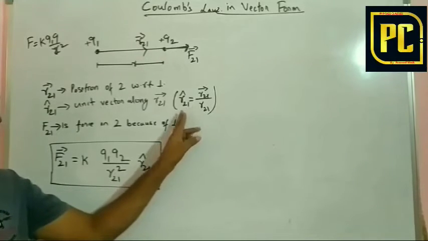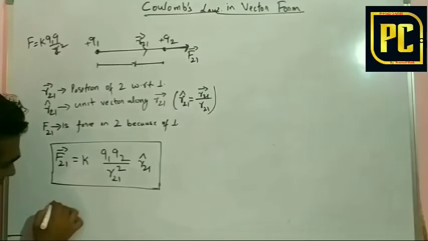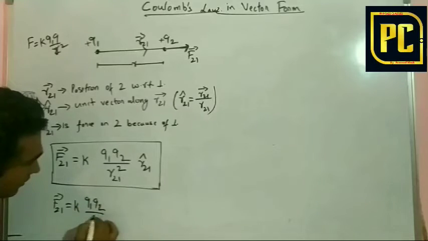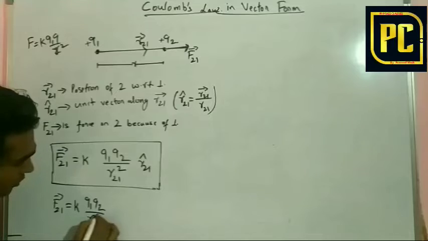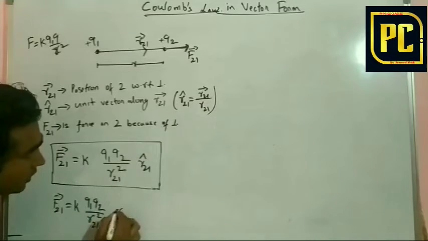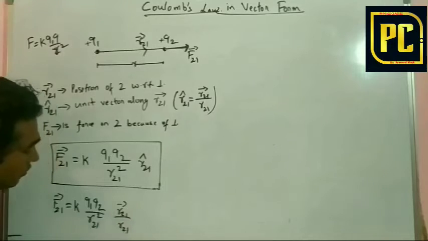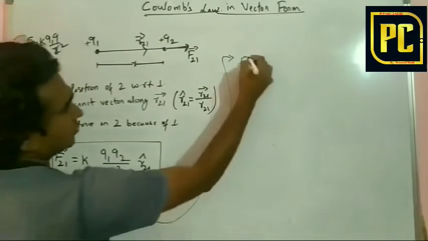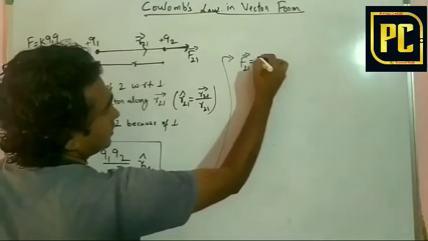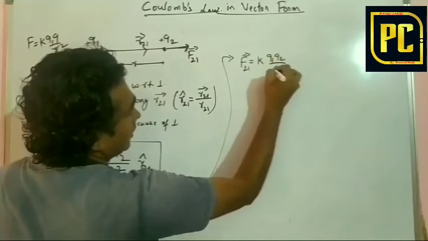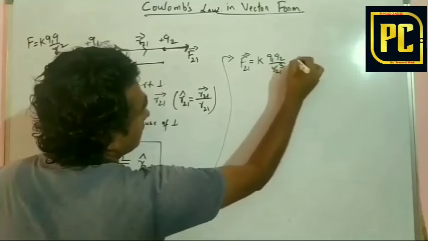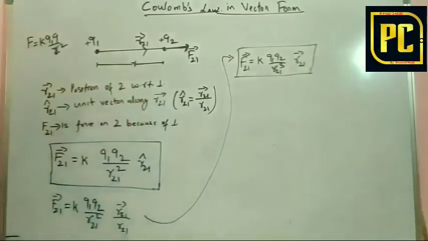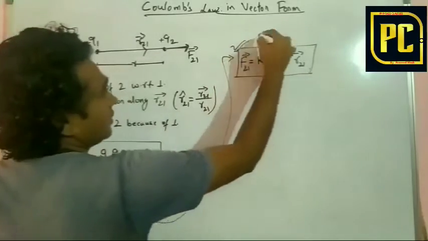Since we know this, if I replace R21 cap with R21 vector by R21, I can simply write F21 is K Q1 Q2 by R21 cube R21, this is in terms of the position vector. So either you write this or you write this.